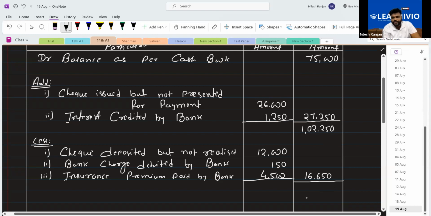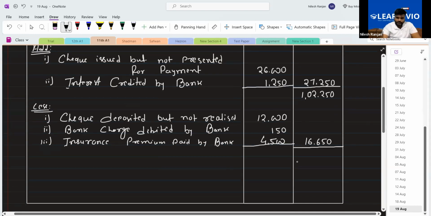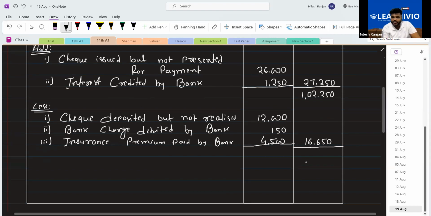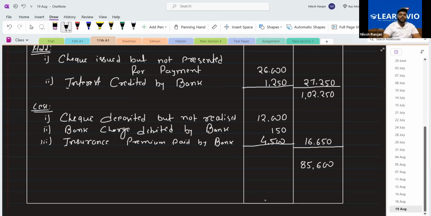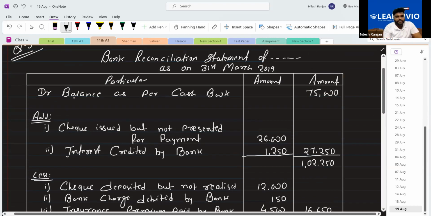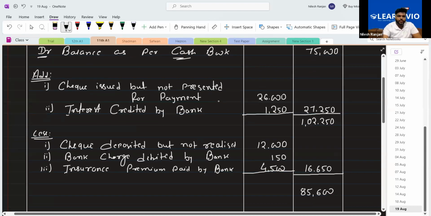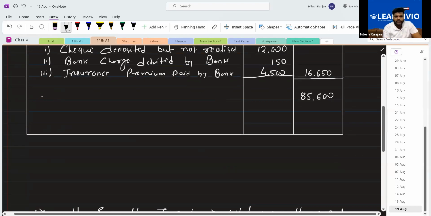And here it will be 85,600. Now, you have to see that if we are using debit balance here and cash book here, we have to write just opposite. So debit will become credit balance here, and cash book will become passbook.